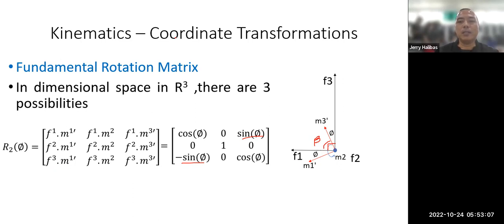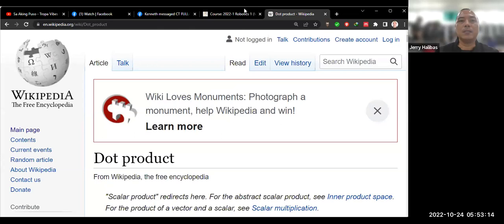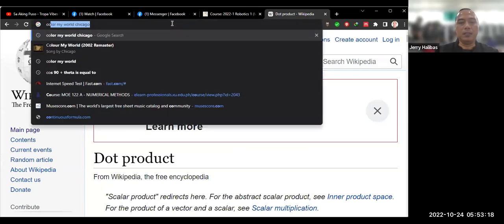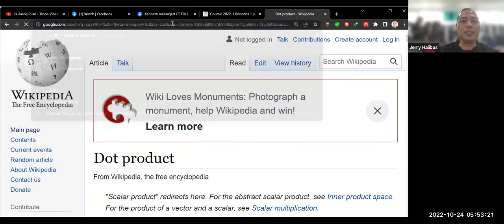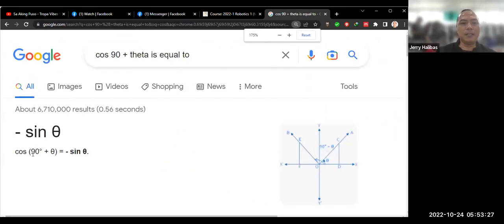So, Google this, cosine 90 plus theta. So, do you see, guys? Did you see?